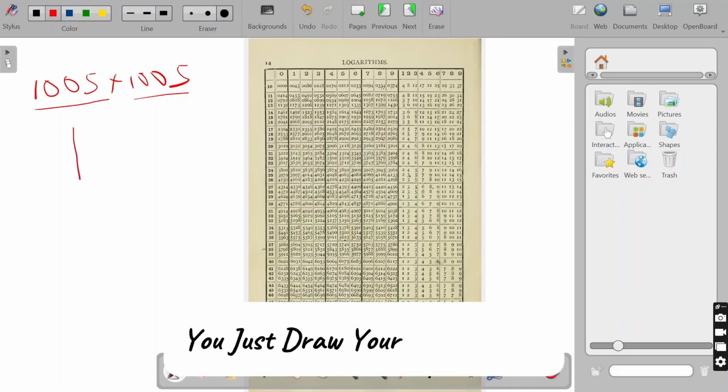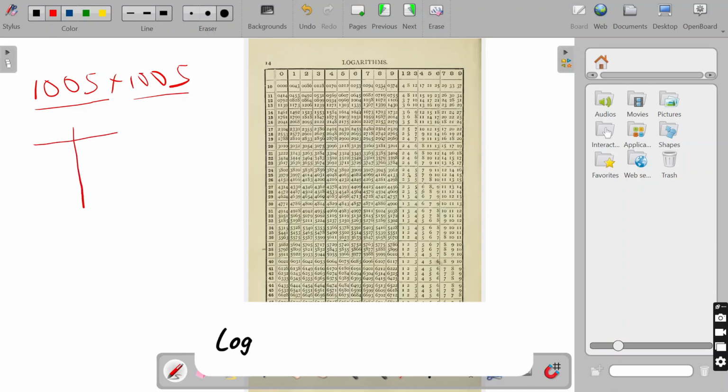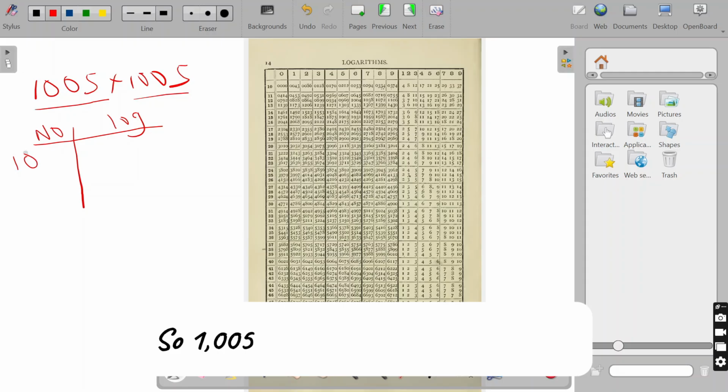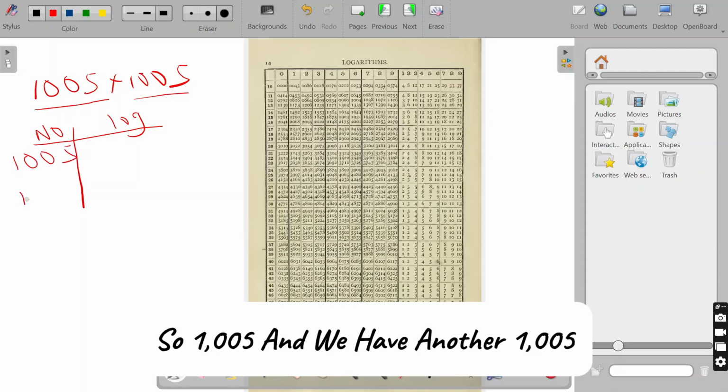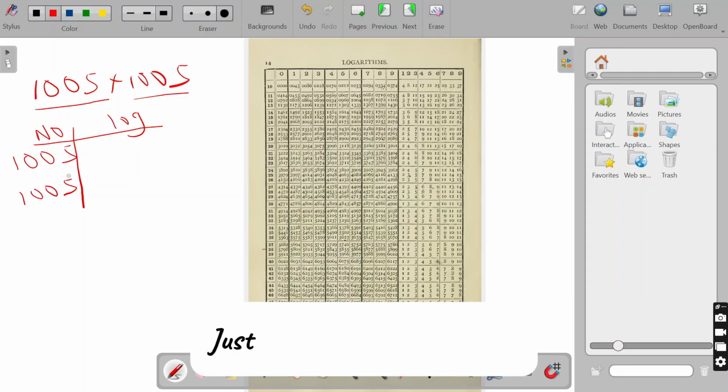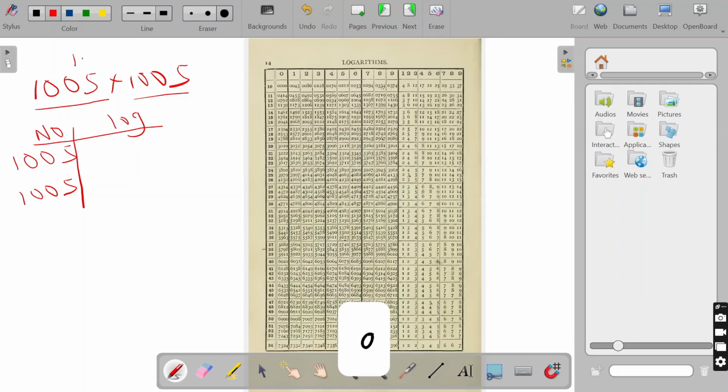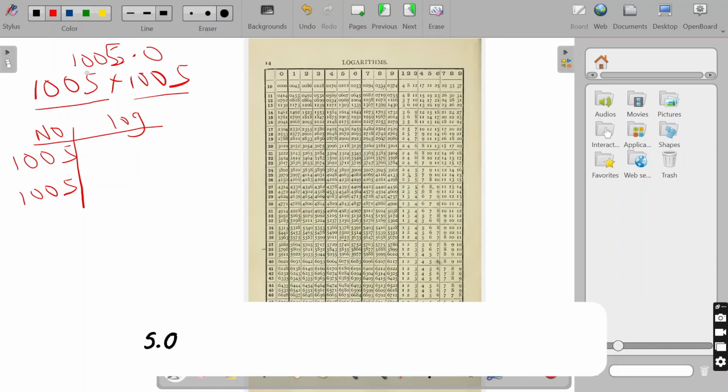You just draw your line: number, and logarithm. On the right hand side we have the logarithm. On the left hand side we have the numbers. So 1005, and we have another 1005 here. Just like I explained earlier, 1005 can be written as 1005.0. That's 4 digits before the decimal point.